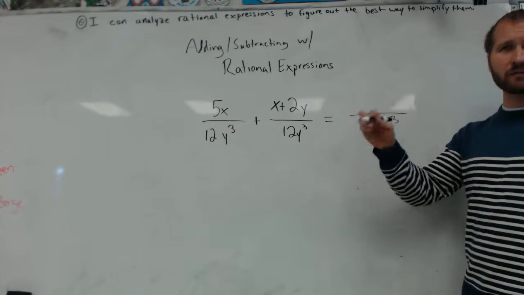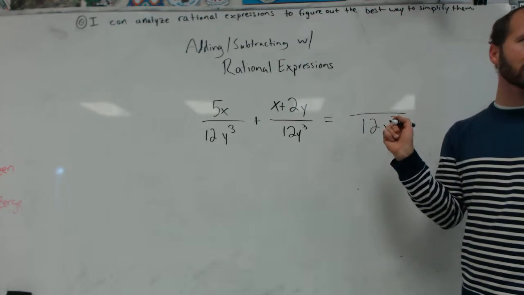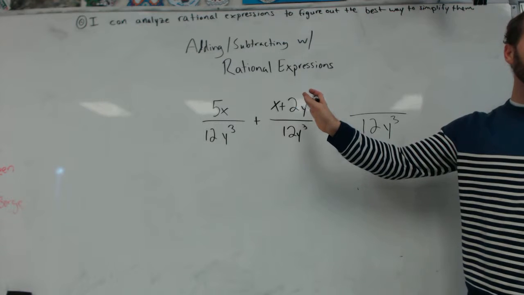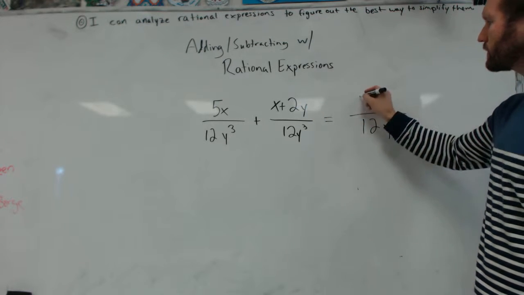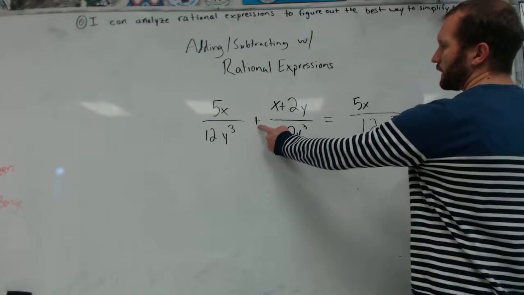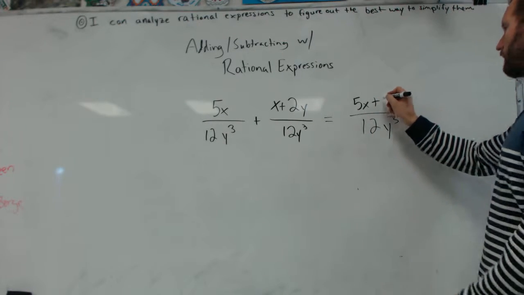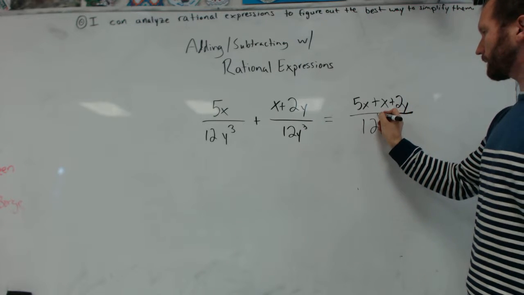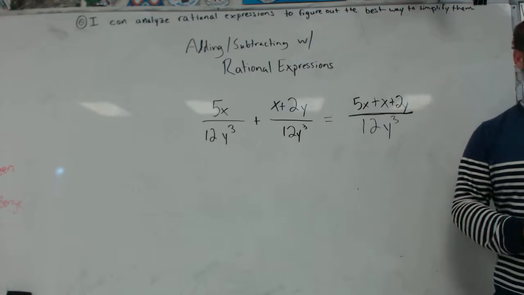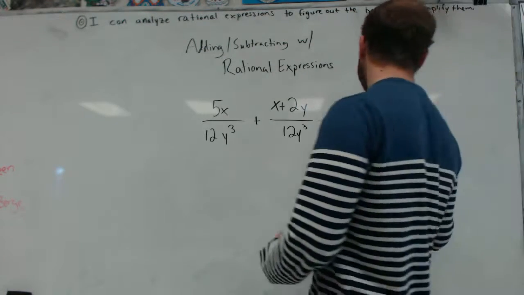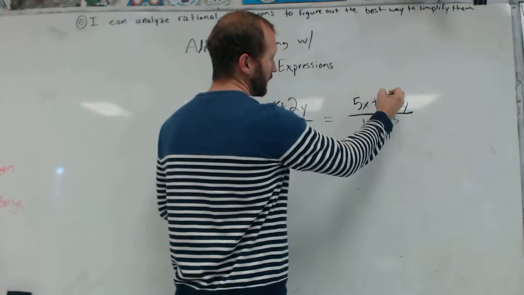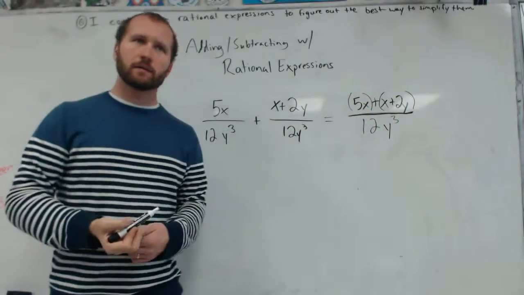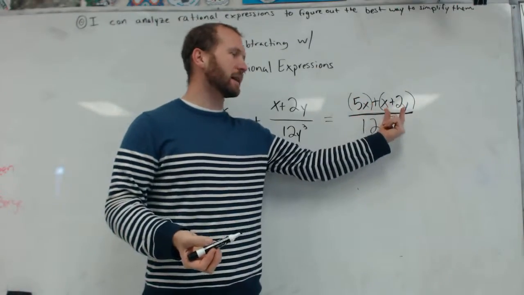And this is why at the beginning I was writing out 2 plus 2, 1 plus 3. Because this may not be as obvious how these two numerators are going to combine. So just simply write out the first numerator, 5x, plus the second numerator, x plus 2y. Now, technically, there's a parentheses here, and there's a parentheses here, because I'm adding my first numerator to my second numerator.